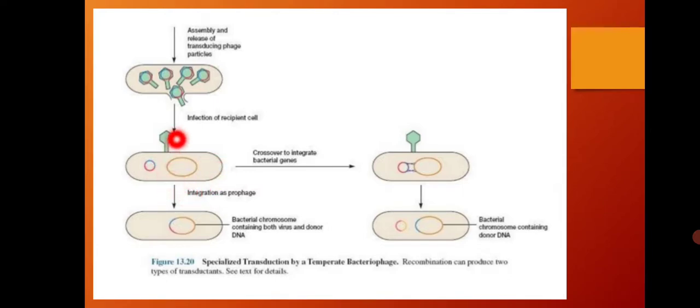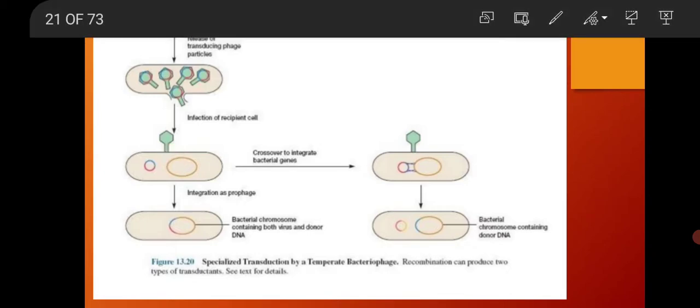What is this genetic material like? It is hybrid genetic material, meaning the phage genome and the bacterial genome are there simultaneously. In generalized transduction, the phage has either the complete bacterial genome or the complete phage genome. Let me show you.